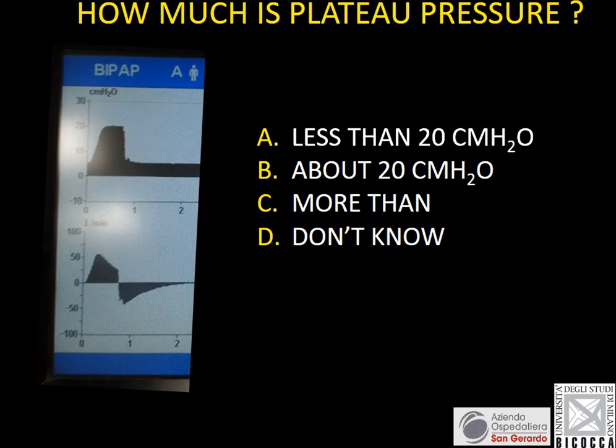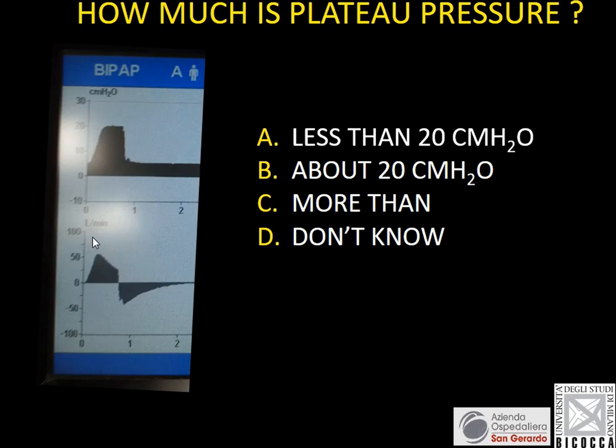Now, this is something I'm a little bit pedantic about, but I think it's very, very crucial to understand. We only have 7 minutes left, so what do you think the answer here is? Sorry, the light is a little bit on the spot, but basically this is 30 centimeters of water, 20, 10, and 0. So this is pressure control ventilation, okay?